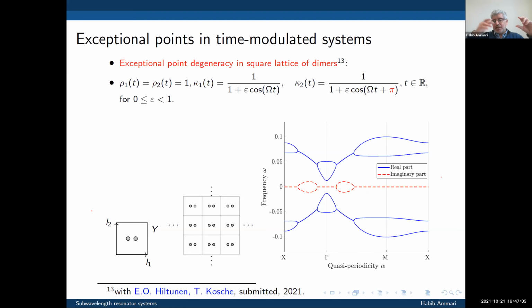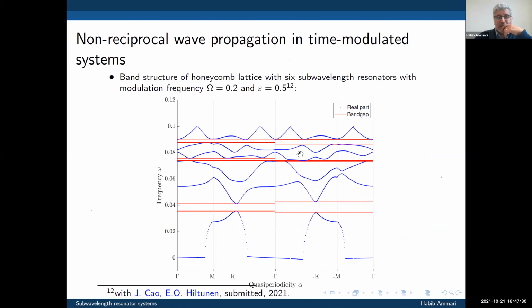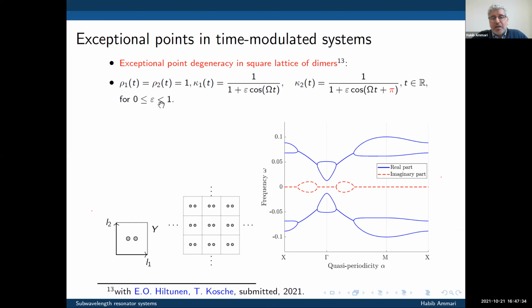Those band gaps, as I will show you, will have non-trivial nature, and then we can make all of these properties of guiding or localizing more robust to changes or to impurities or defects in the system. Sounds good?